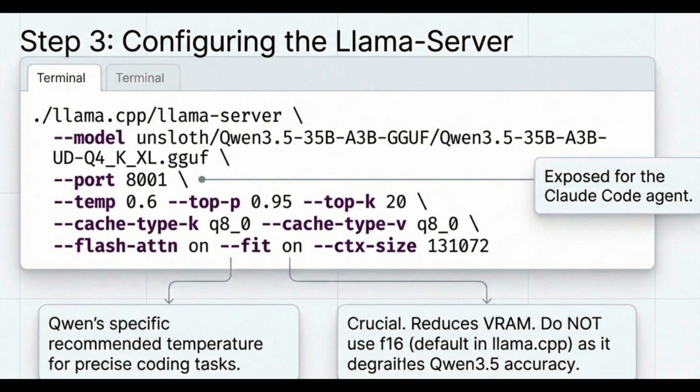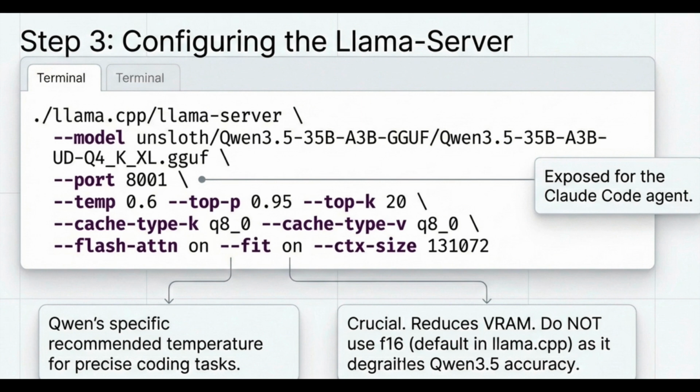Okay, so we've got this ultra-efficient engine running locally, but the interface we want to use is Anthropic's Claude Code, right? And that's a terminal-based agent built to talk to their cloud. Yeah, it's designed for their own APIs. So how do we get Claude Code to drive our local engine instead? You pull off a beautifully elegant API hijack. You just set an environment variable on your machine called ANTHROPIC_BASE_URL, and you point it directly to your local server at localhost port 8001.